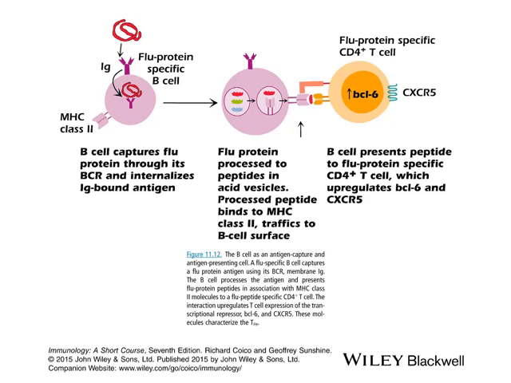So the whole flu protein is going to go in. It's an Ig bound antigen. You can also see it's already bound over here. It's going to be metabolized and processed into acid vesicles, and then it always has an MHC class 2, which is going to traffic it to the B cell surface and present it.